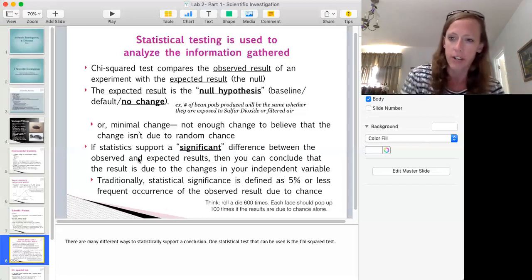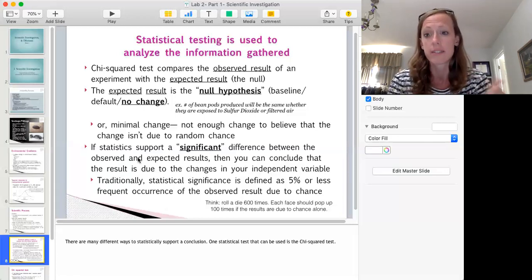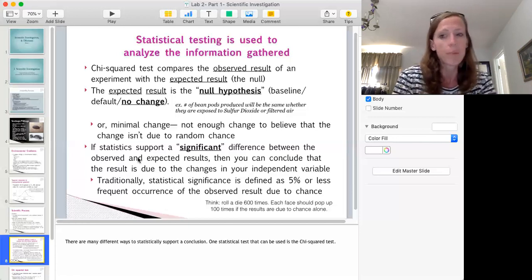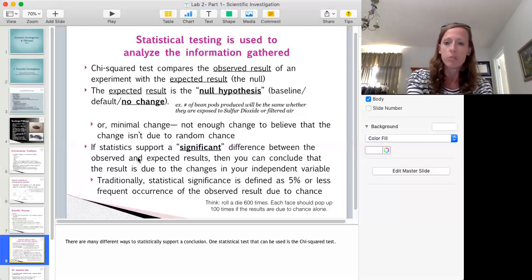Oh, I saw a significant difference. That means something in science writing. It means that you did a statistical analysis and you saw that there was a difference, okay? So then you would say that, look, my results don't appear to be due to chance. And traditionally, statistical significance is defined as 5% or less frequent occurrence due to chance.